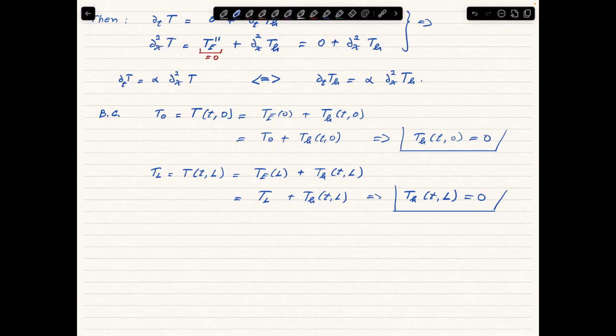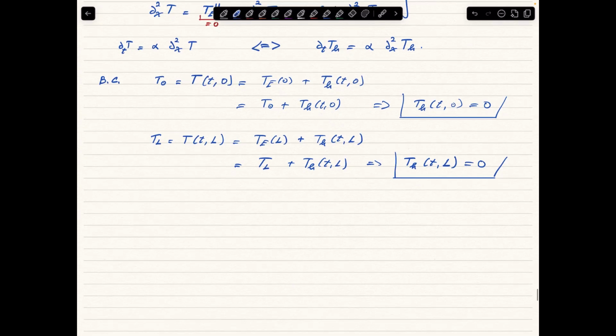But what are the initial conditions for this function TH? Well, we compute it in the same way. We know that the function tau is the temperature at t equals 0 for all x. But this is the equilibrium temperature plus the TH evaluated at time 0, x.